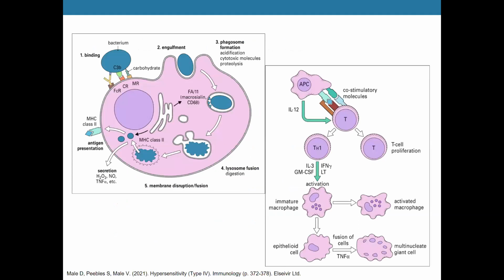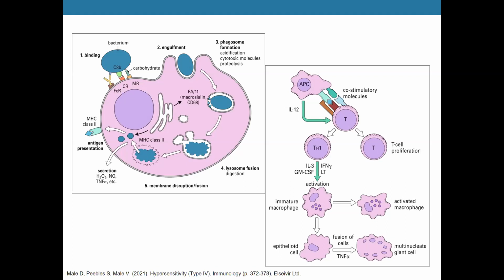So just a quick look in terms of an illustration of this. On the left, we see a macrophage with bacteria binding to it, which is then engulfed, phagocytized, with the degradation products of different peptides and DNA then getting displayed on MHC class 2 molecules as an antigen presentation. In addition, we see with macrophages different secretions of inflammatory molecules as well as molecules that cause destruction in that localized area.